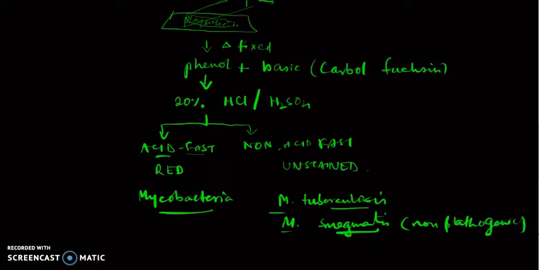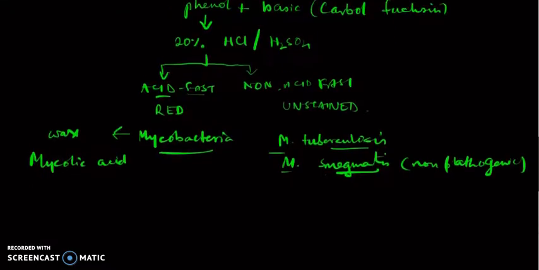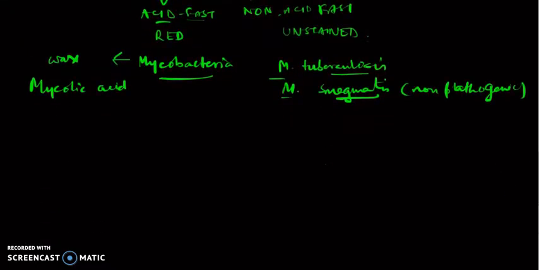So these bacteria exhibit such a characteristic because they contain a kind of chemical wax that has been called mycolic acid. They contain mycolic acid in their cell wall, which is basically similar to those of gram-positive bacteria, that is, they contain the peptidoglycan.